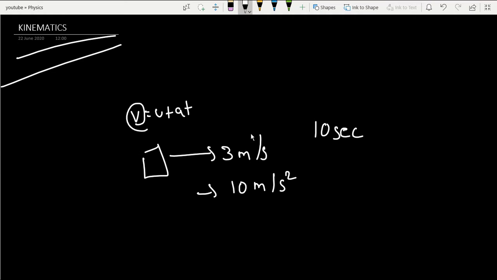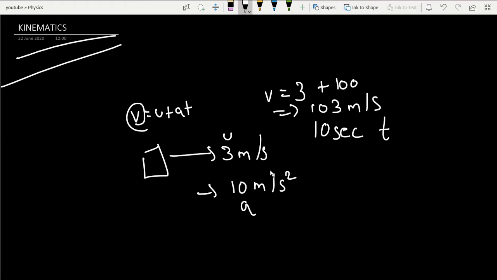The answer will be very simple. This is the u, this is the a, and this is the t. We have to just substitute the values. So v is equal to 3 plus 10 into 10, 100, which is 103 meter per second.